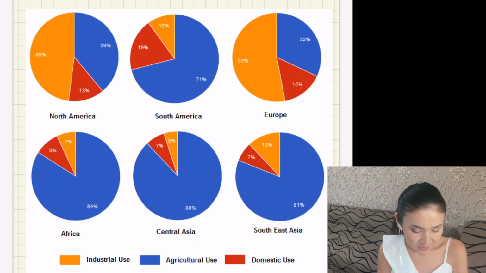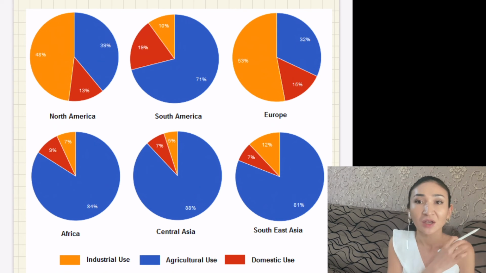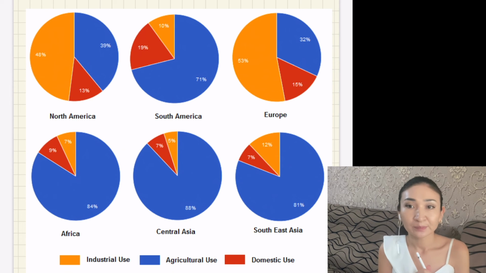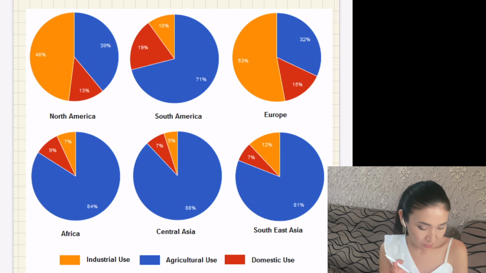You can just talk about the majority, and it's not going to be wrong, but you just want to show your examiner that you are able to analyze, you are able to describe, you can make your own decisions on what you see in your writing task sample, and just to describe by means of analyzing everything, and to make one decision.